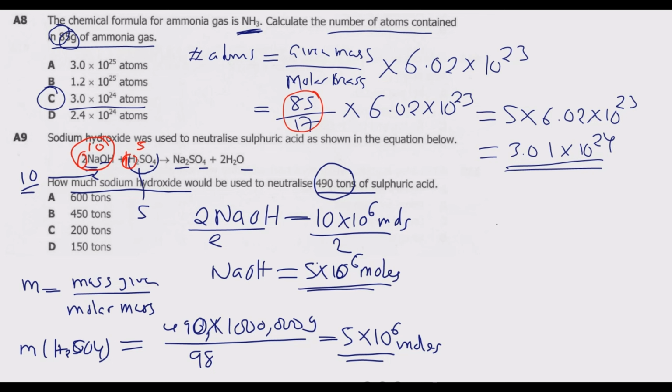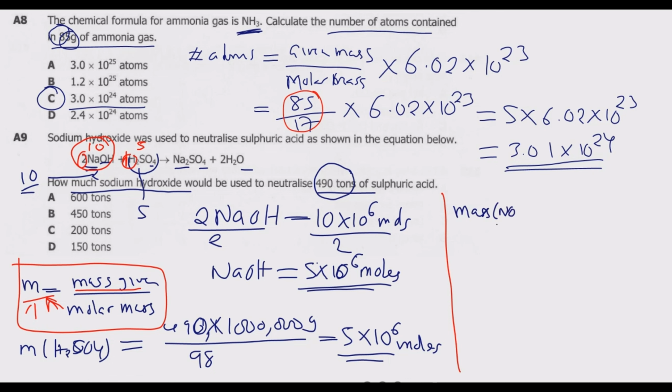Now these moles need to be converted to mass. Using this formula, we can find the mass. We just cross multiply the number of moles by the molar mass. So the mass required of sodium hydroxide will be equal to the number of moles multiplied by the molar mass.